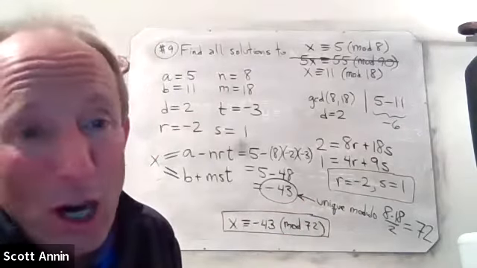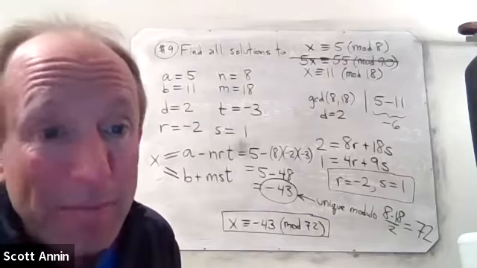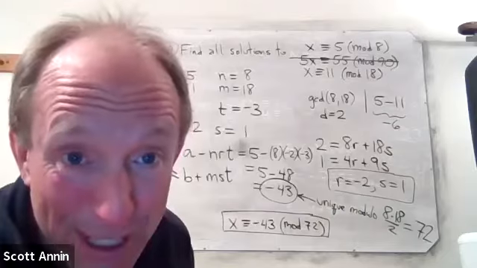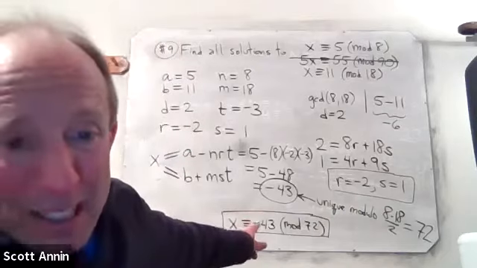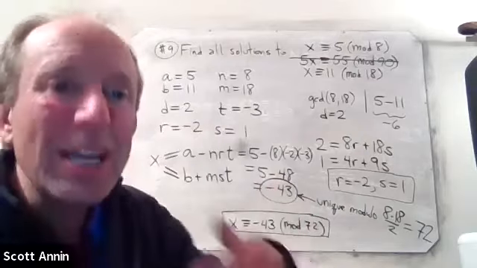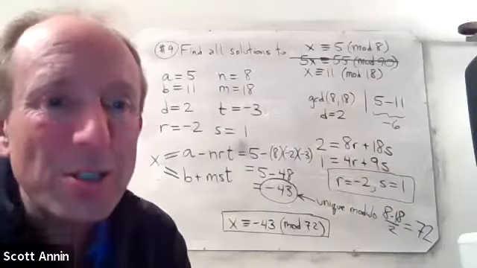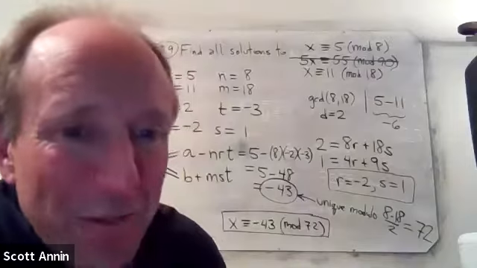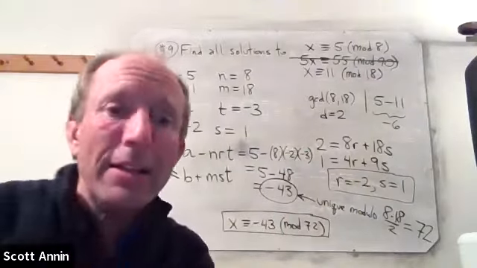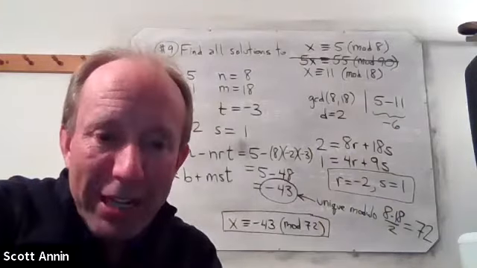On the test, I might ask you to give me the 3 smallest positive solutions. Then you take this one and add 72 to it, do that 3 times and come up with 3 solutions. So make sure you read the question really carefully to see what's being asked for. That'll help keep you out of any trouble there.